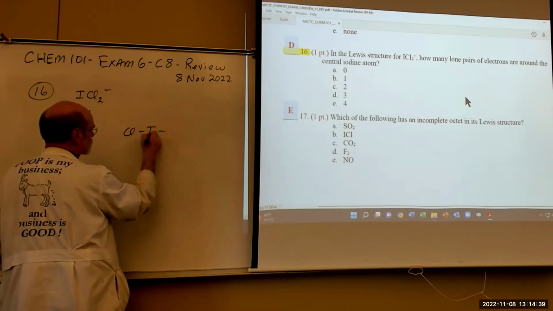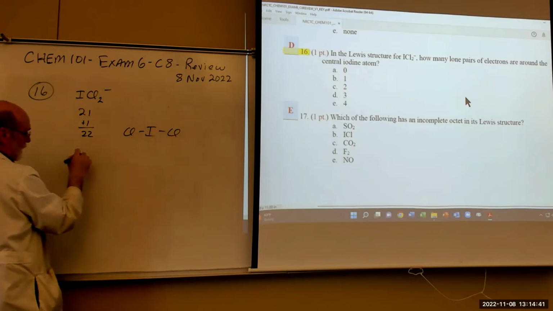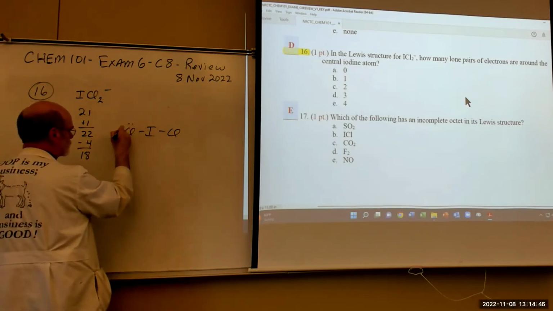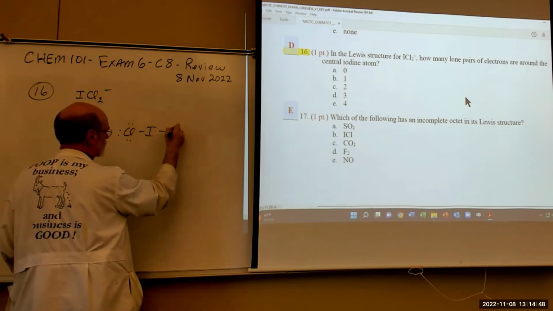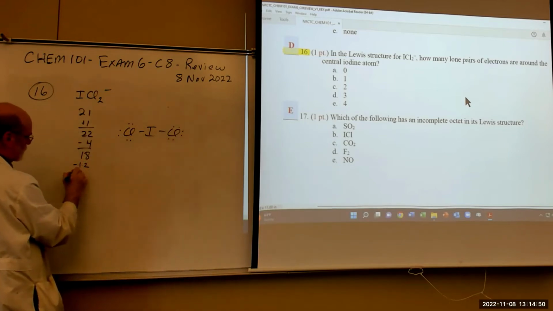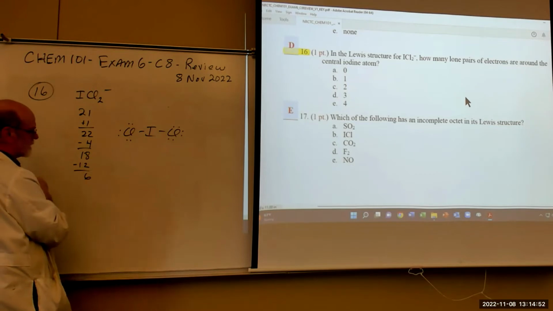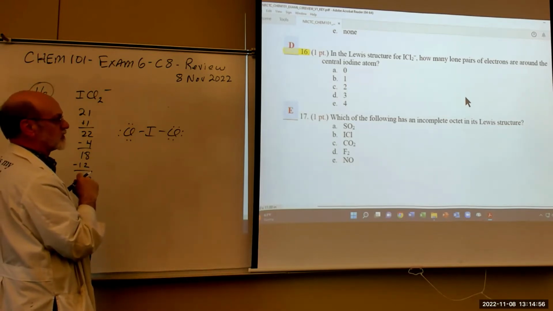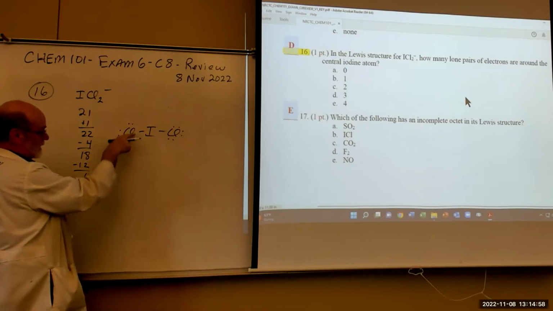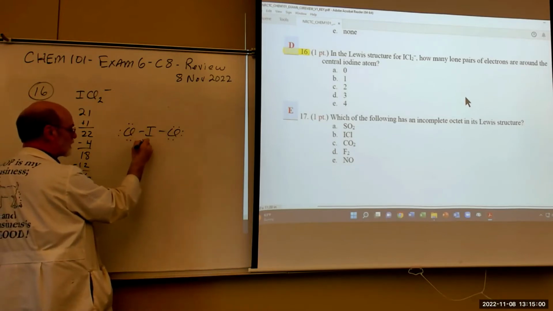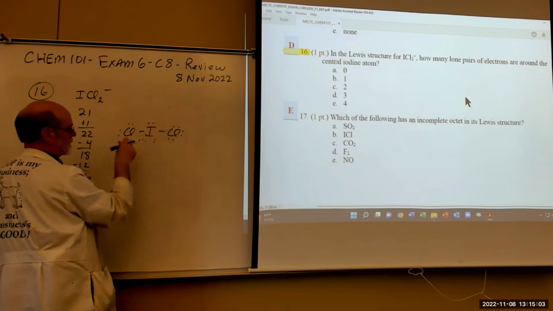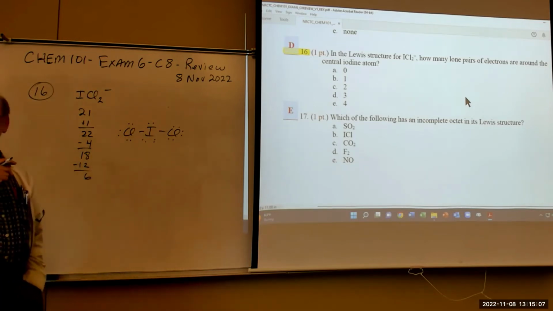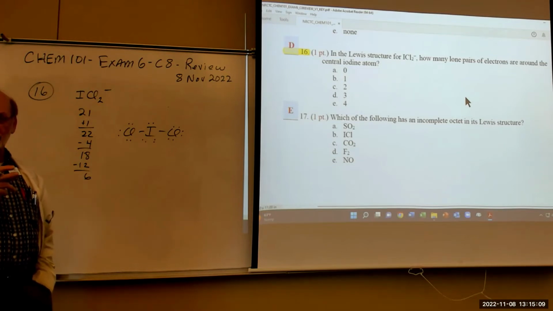Okay, now we've got chlorines here, chlorines there. So that's 2, 4 is 18. 2, 4, 6, 8, 10, 12. We got 6 electrons left over. Okay, so how many lone pairs of electrons are around the central atom? These are all filled up. So all 6 have to go around iodine. 6 electrons, 3 lone pairs.